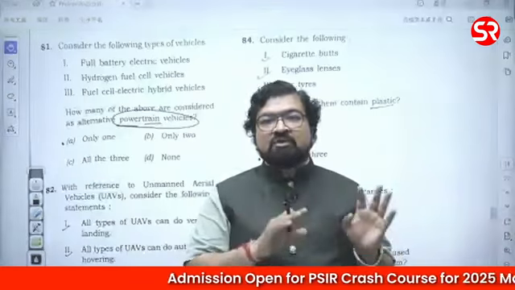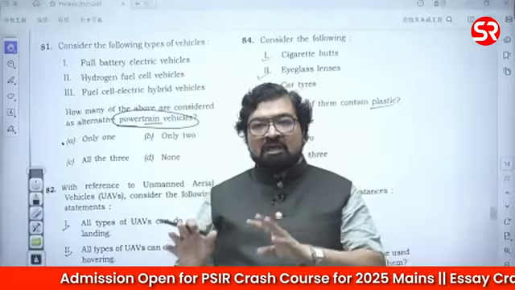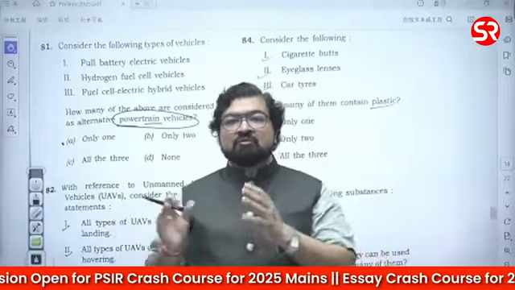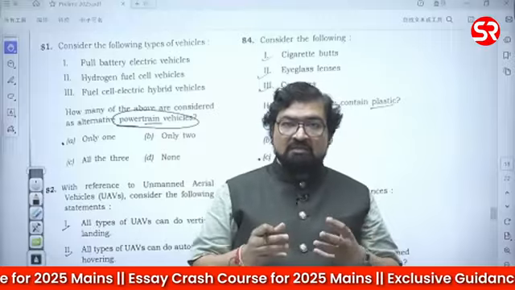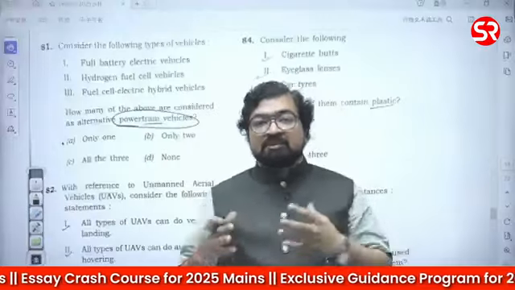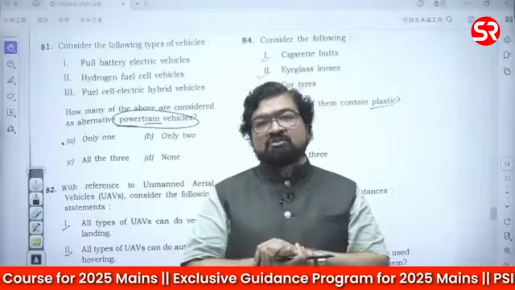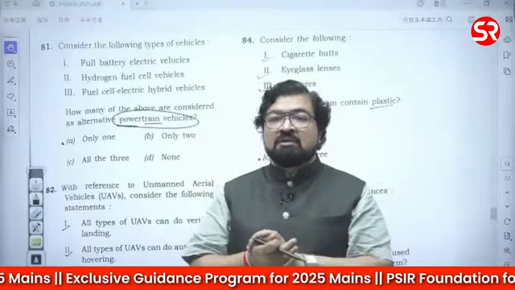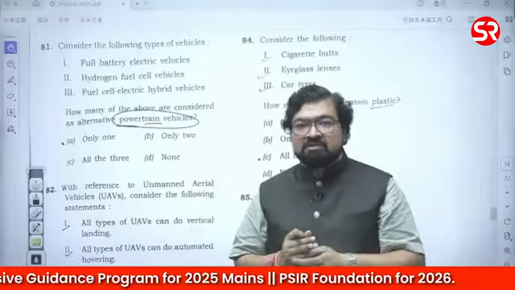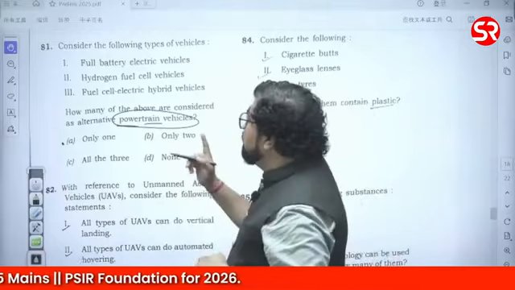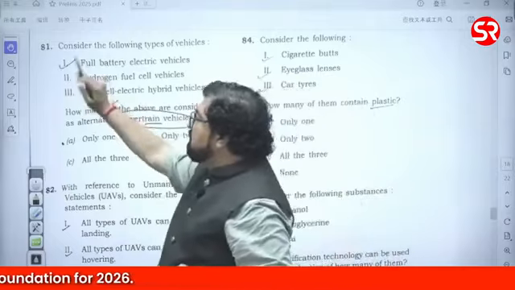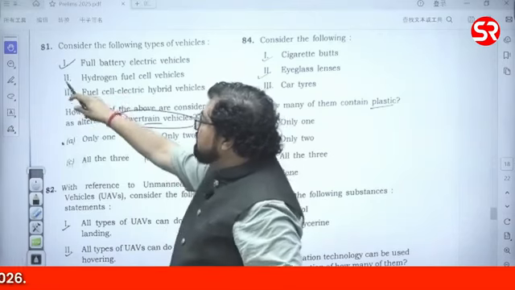In conventional petrol and diesel based cars, vehicles, buses, we use the internal combustion engine, ICE, to provide the thrust and mobility. But in electric vehicles, we use a battery system, but sometimes there may be hybrids also. So, full battery electric vehicles, correct? Hydrogen fuel cell vehicles, correct?